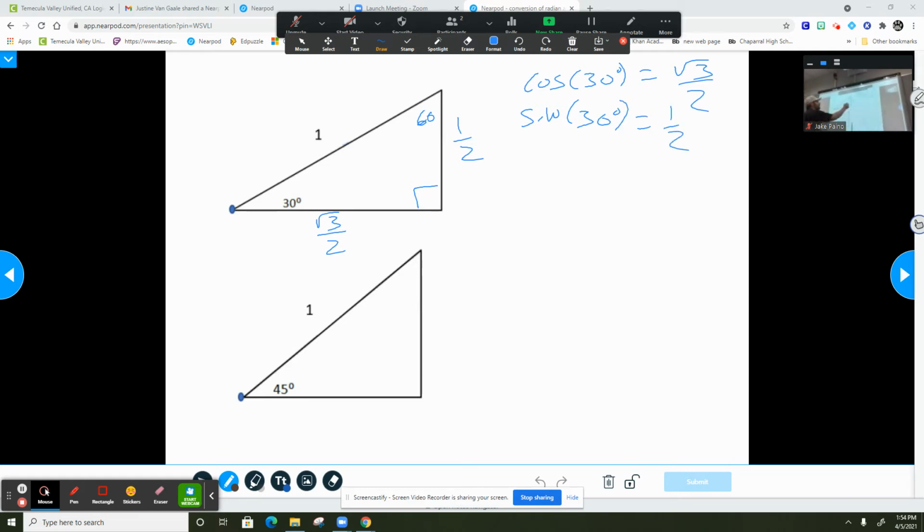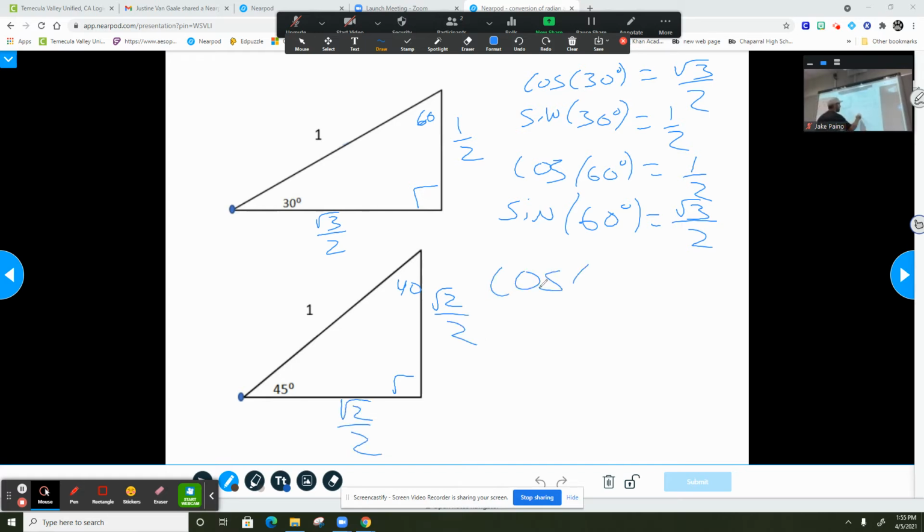All right, if I go cosine 60 degrees, now that's adjacent over hypotenuse, so that's 1/2. Sine of 60 degrees, that's opposite over hypotenuse, so that's rad 3 over 2. All right, if we go to a 45 triangle, and the hypotenuse is 1, that's rad 2 over 2, and that's rad 2 over 2.